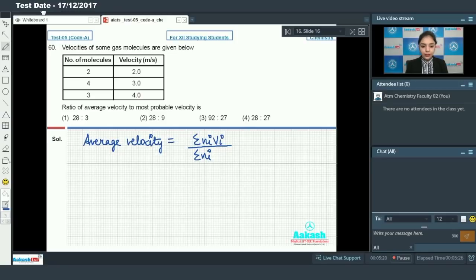So you can now calculate the average velocity. It will be equal to 2 into 2 plus 4 into 3 plus 3 into 4 divided by total number of molecules, that is 2 plus 4 plus 3. So it is equal to 28 by 9.